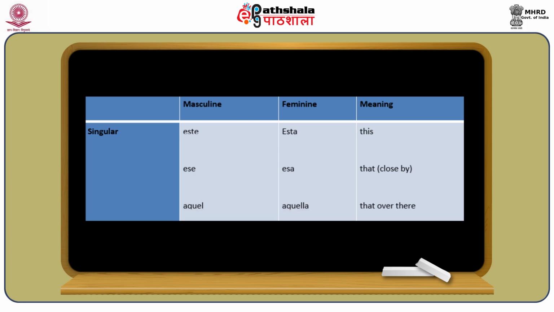And for that over there, or that which is a bit far, we have aquel for masculine singular and aquella for feminine singular. Then the 6 forms in masculine and feminine singular are este, esta meaning this, ese, esa meaning that which is close by, and aquel, aquella meaning that over there.